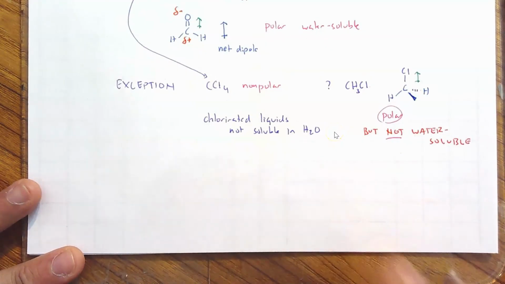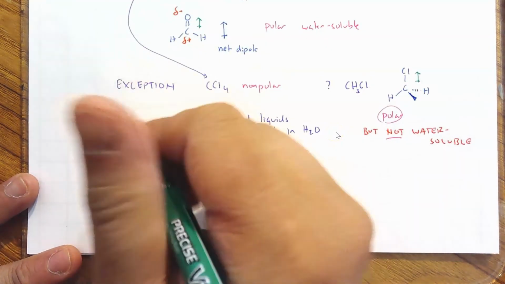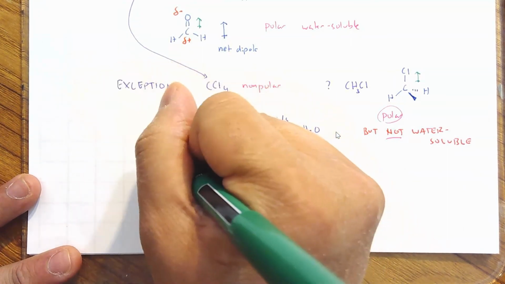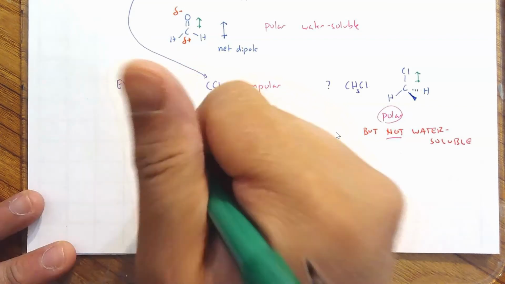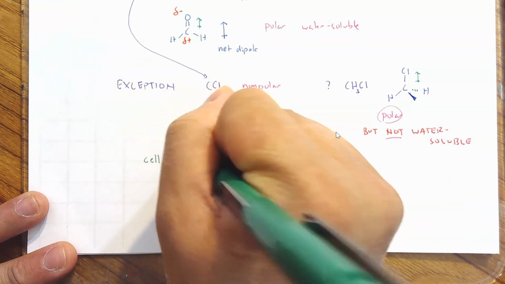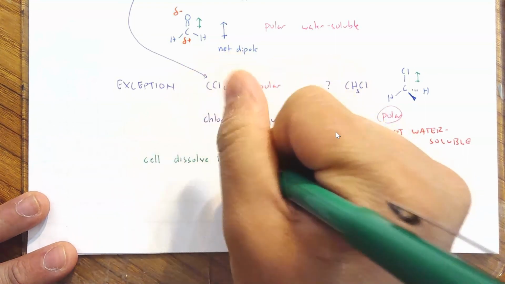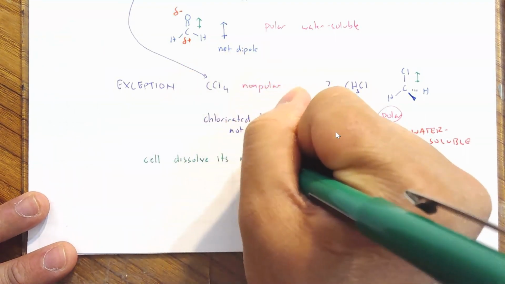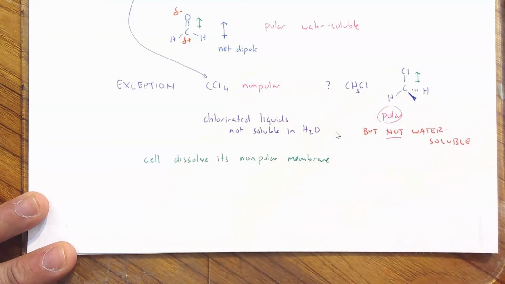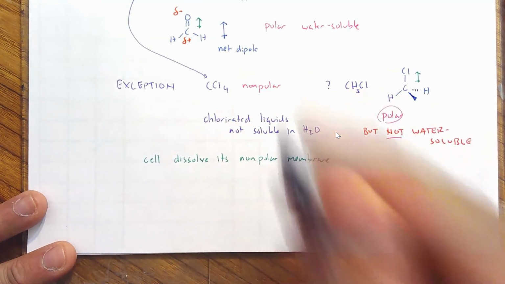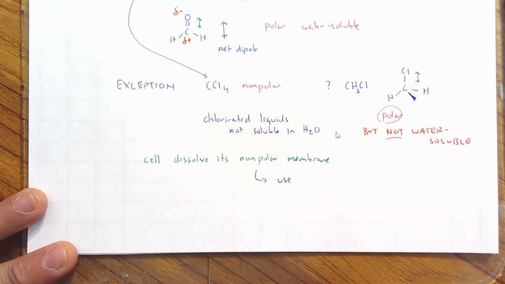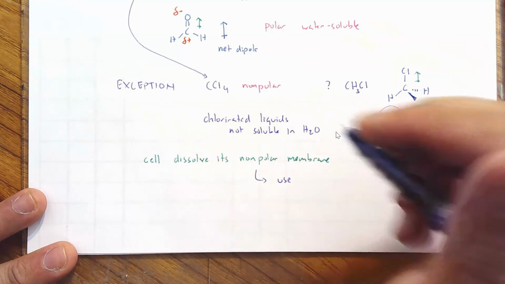And actually, when you have a cell and you want to dissolve it to get its insides, like the DNA, you want to dissolve its nonpolar membrane. You know what people use in the biology lab? Use a chlorinated solvent.